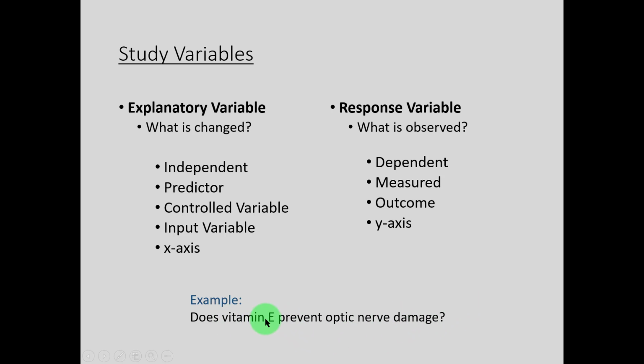Is it the vitamin E or is it the optic nerve damage? Based on this very little info, I think the optic nerve damage is of primary interest, and it could be influenced by vitamin E. So vitamin E is the explanatory, and optic nerve damage is the response.